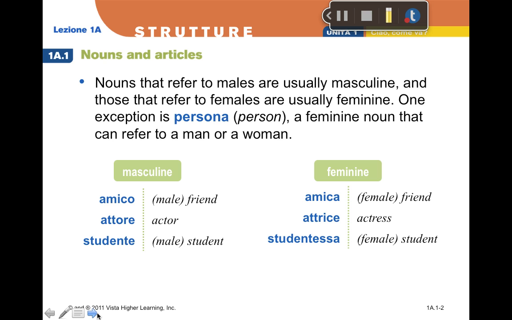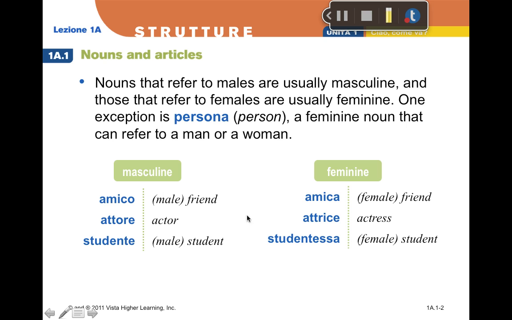The only exception is persona, because persona is a feminine noun, but it can be used to refer to a man or a woman. So you can see here, for example, that we have amico, a male friend, attore, studente. These are all masculine. Amica, attrice, studentessa are all feminine.